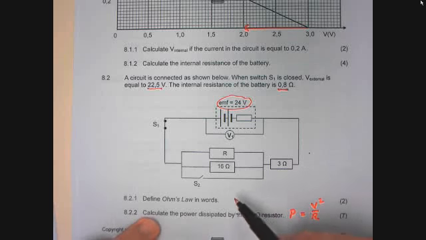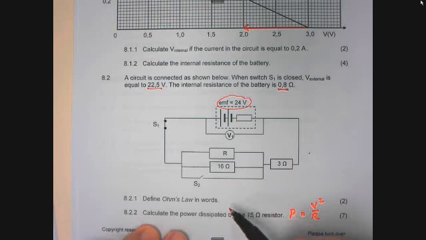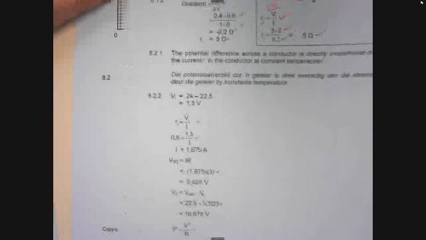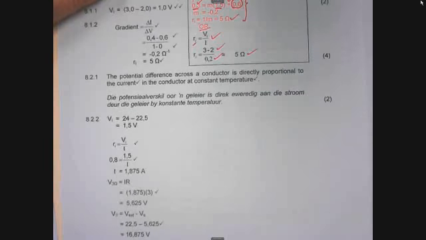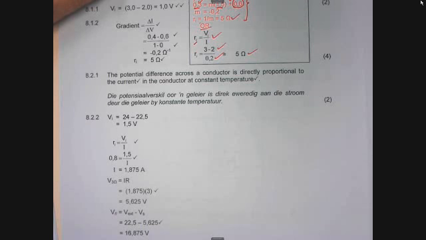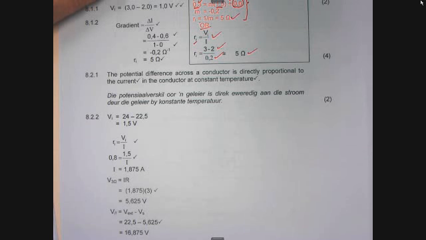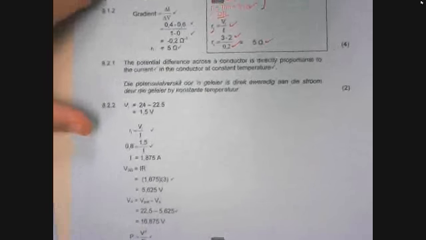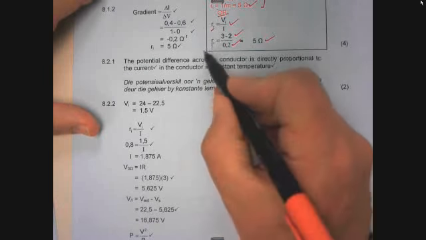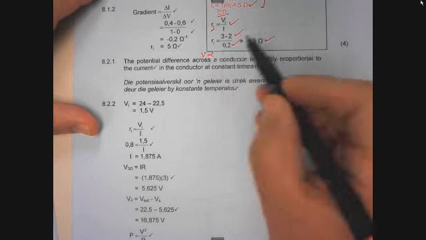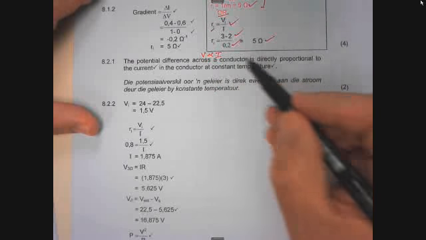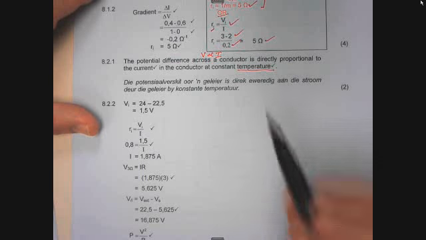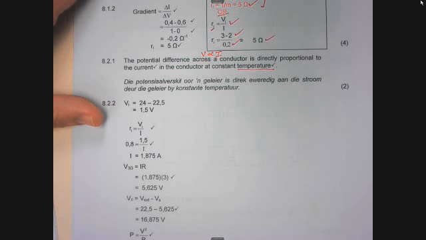Right, define Ohm's law in words, and that you know, the potential difference across the conductor is directly proportional to the current, and that is at a constant temperature. So 1 mark for stating V directly proportional to I, and then for the condition that the temperature must stay constant, 1 mark.